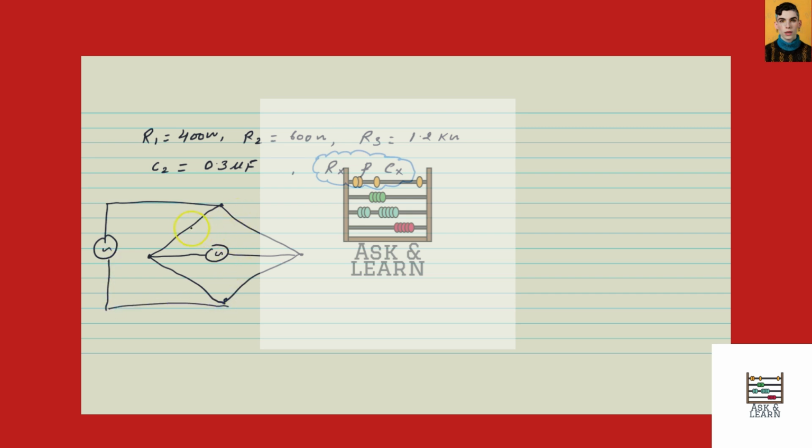Let's assume this is Z1, this is Z3, this is Zx and this is Z2. Assume here voltage V1, here voltage V2. So in the balance condition, there is no current flowing through the meter or the galvanometer.